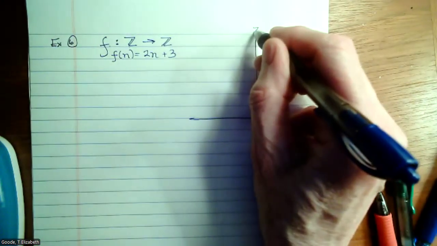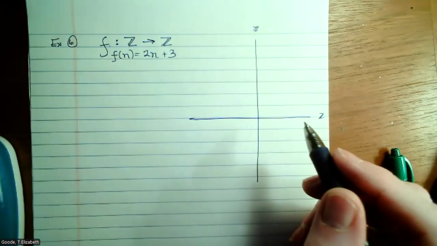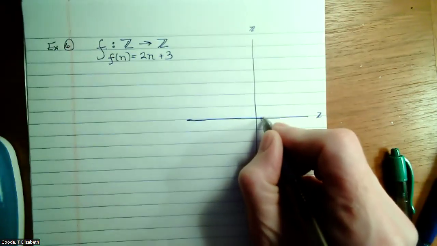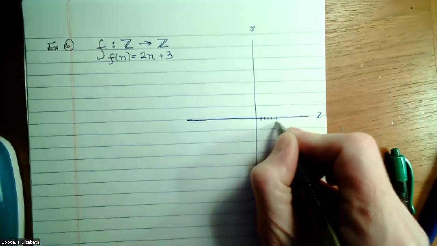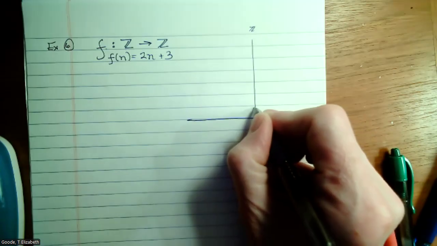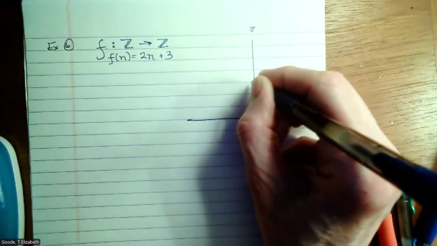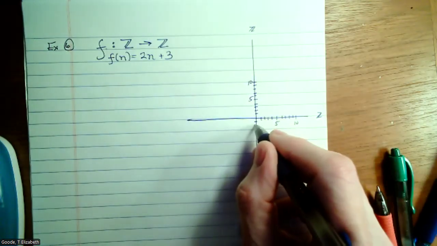It's going to be Z and Z instead of the reals and the reals. So I'm going to mark 1 through 10 on each axis. It helps to have graph paper.